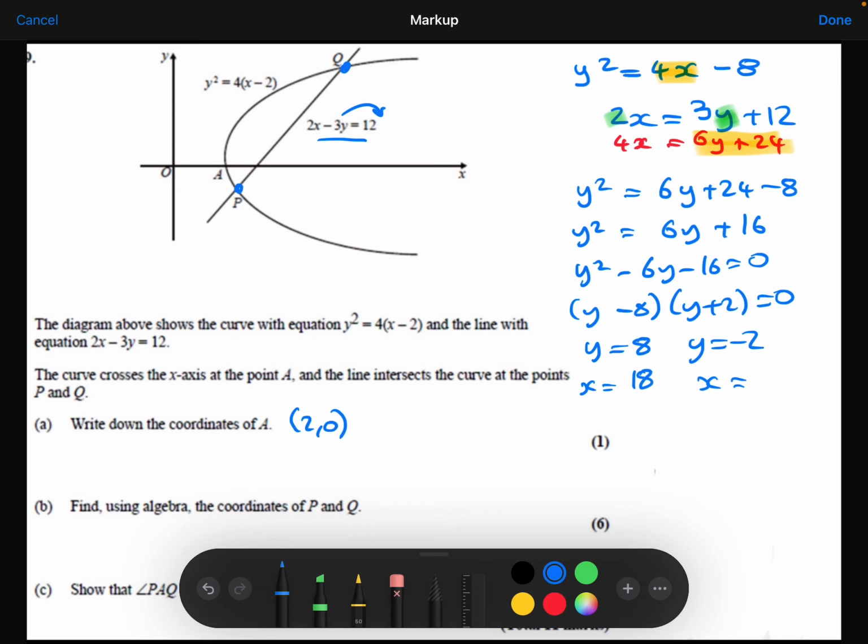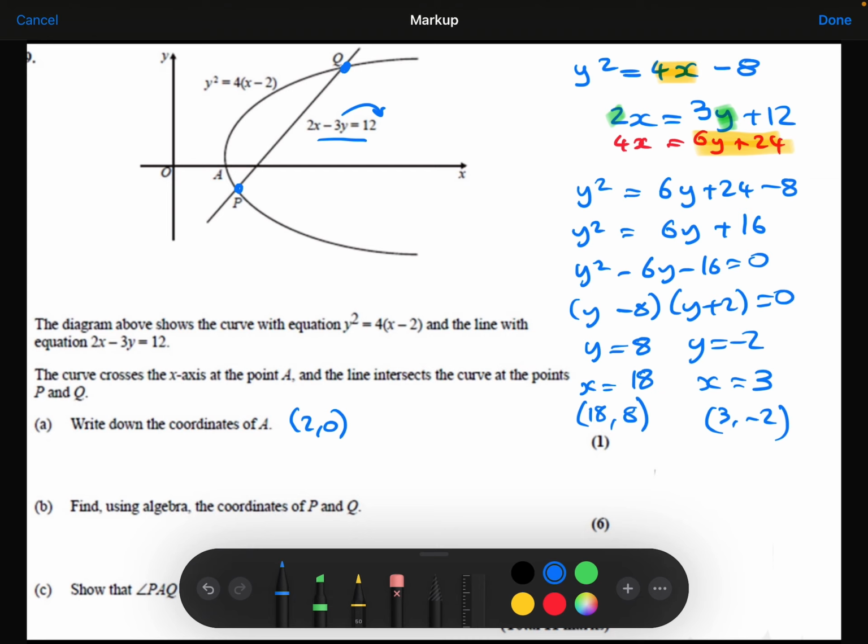And now doing the same thing with y being minus 2. So 3 times minus 2 is minus 6, plus the 12 is plus 6, divided by that 2 is 3. So we've got the coordinates (3, minus 2) and (18, 8).